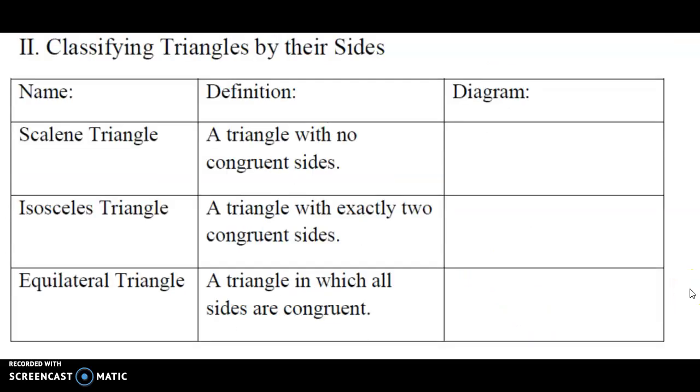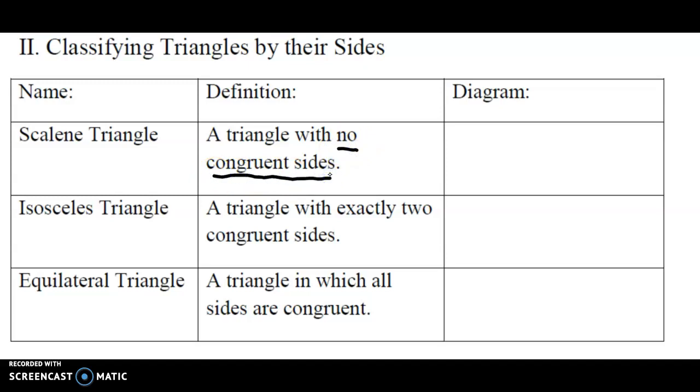The second way to classify a triangle is by their sides. So every triangle will have one of these three names attached to it as well. The first one is scalene, and a scalene triangle is a triangle with no congruent sides.